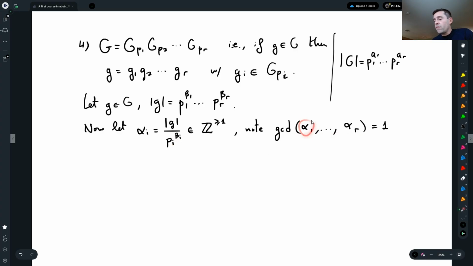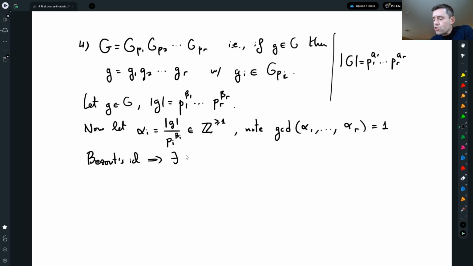If one prime divides alpha 1, it has to be one of these, but there is some other element here that is not divisible by that prime. So the GCD is 1. And when we have integers whose GCD is 1, we can use Bezout's identity, or a generalized version of Bezout's identity, to show that there have to be integers b1 through br such that alpha 1 b1 plus through alpha r br is 1, that I can write a linear combination of the alphas that gives me 1.